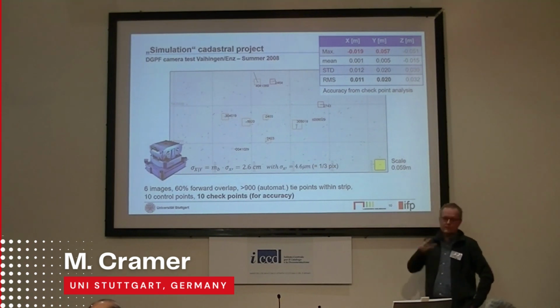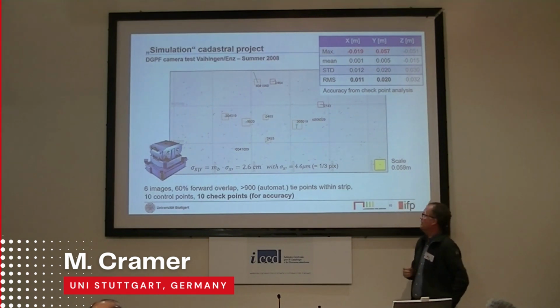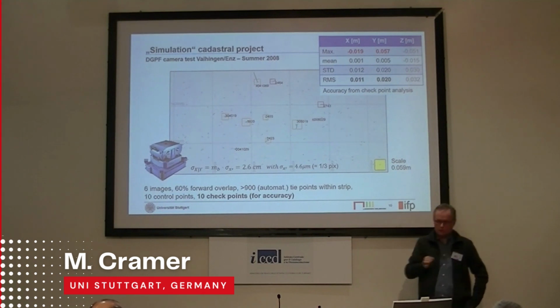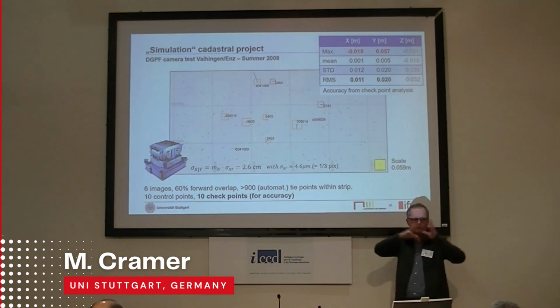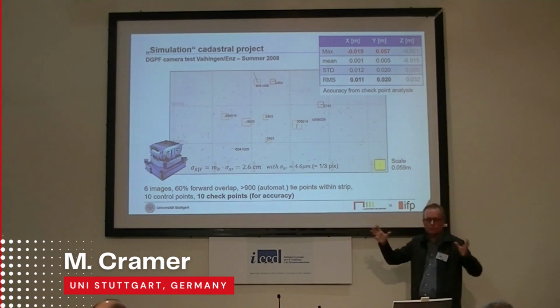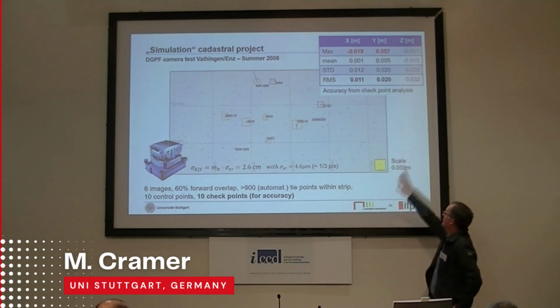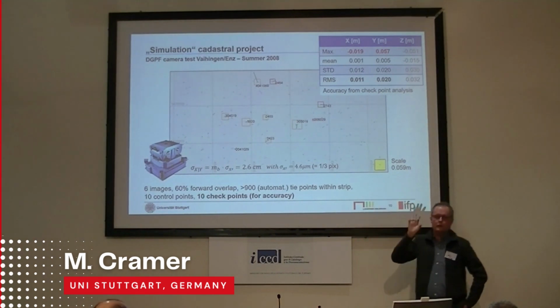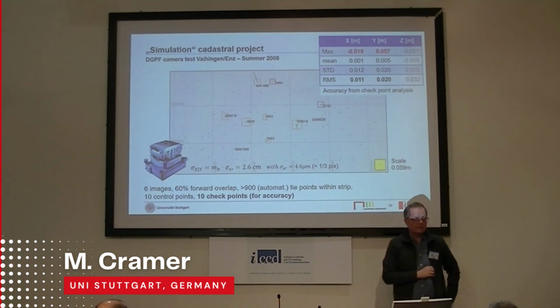This was the same imagery that Joachim also used in the scanner testing. The good thing is that here we have marked control and checkpoints, and we know these points are at least 2 centimeter accurate. So we just took 6 or 7 images out of these, just one flight line, and then we selected the typical constellation of control points and checkpoints for such cadastral projects, did some statistics, and verified that with this type of data, we can guarantee that the tolerances are well below this 8 centimeter threshold.